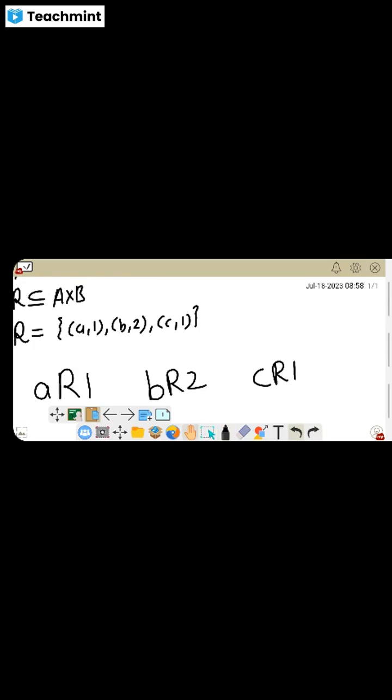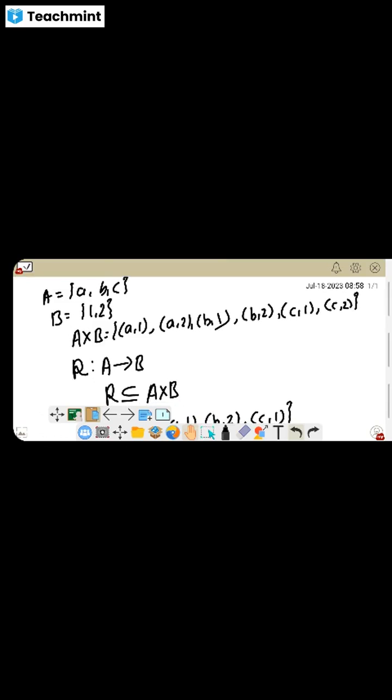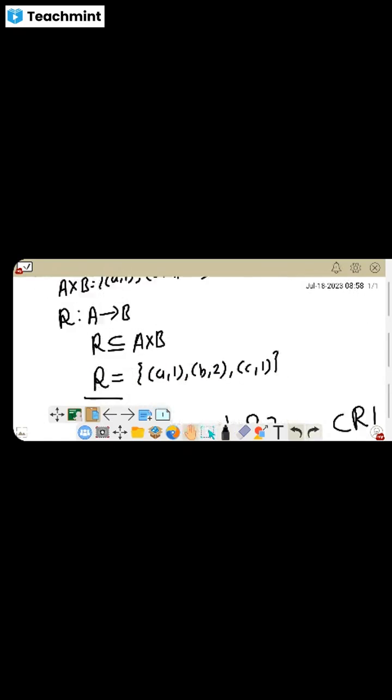See, this can have a few elements of A cross B, or it can have all of them, because in a subset, there are a few or all elements of the set. So this is the meaning of relation.